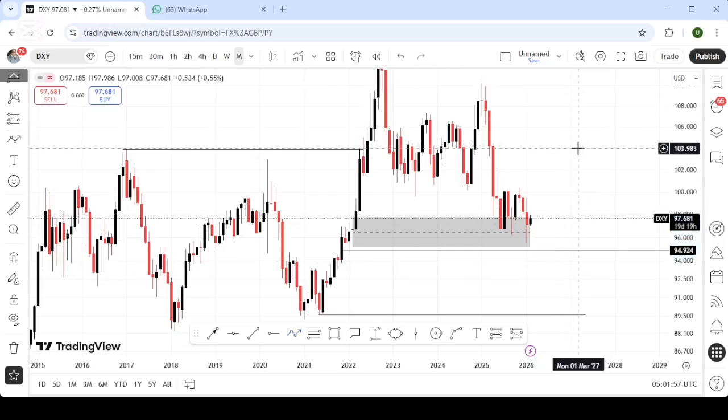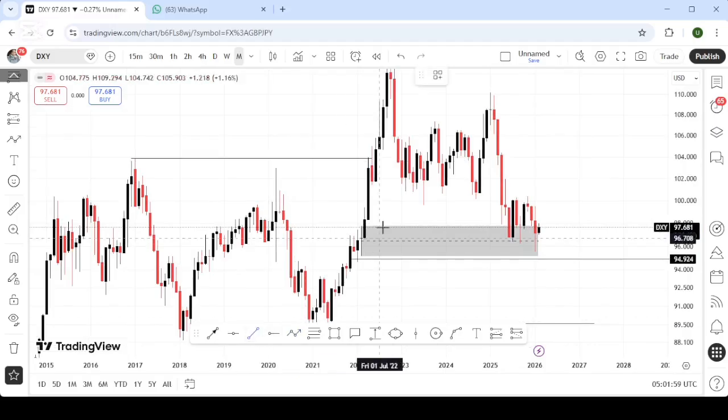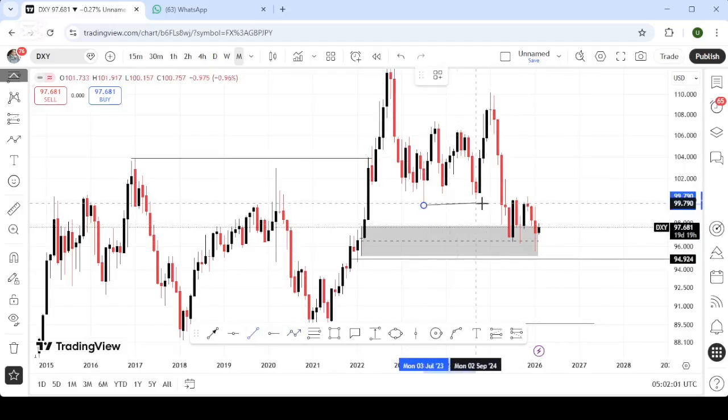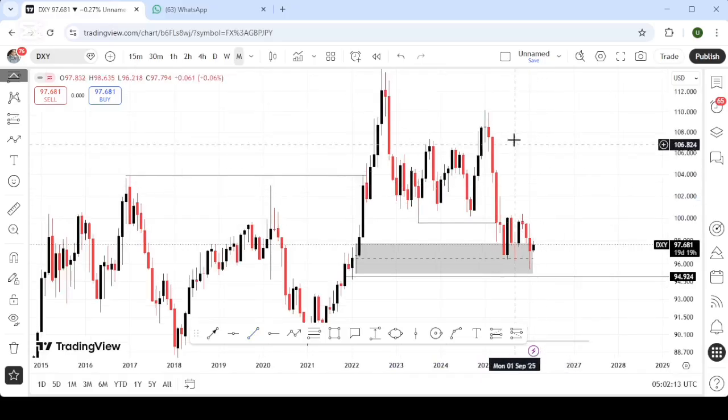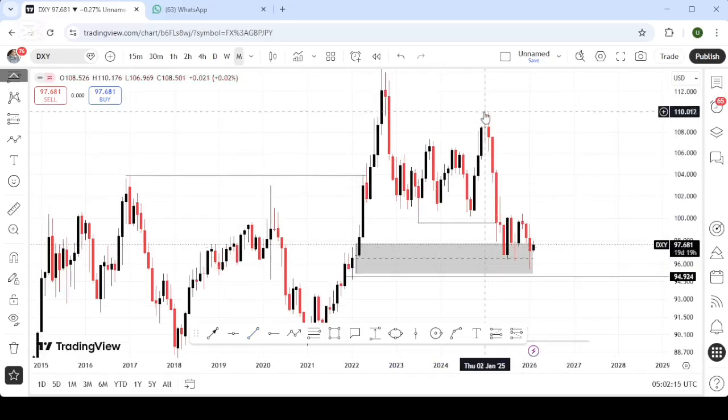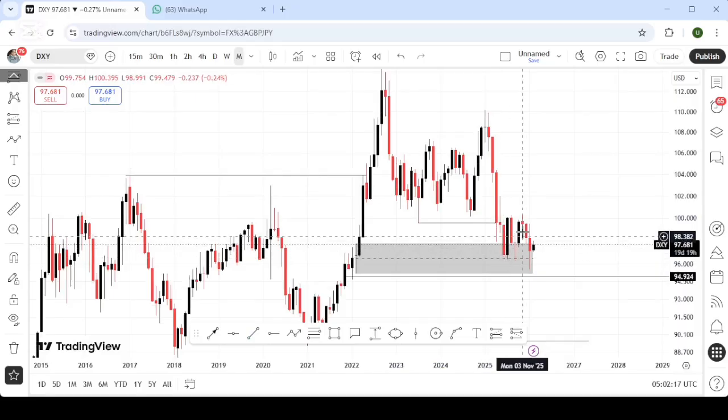Okay, then we can see this level now is called our inducement area here. But we need to remind ourselves that this can also be called a break of structure. Are you getting me now? This can also be called a break of structure, because those guys that actually sold from this highest point down to this lowest point are also marking their fib like this.